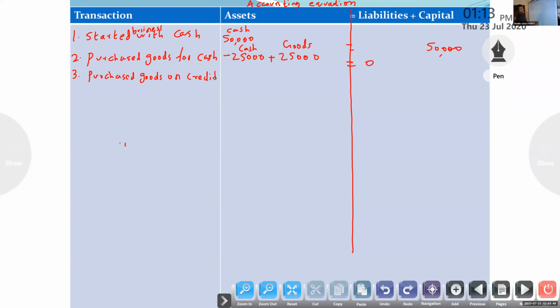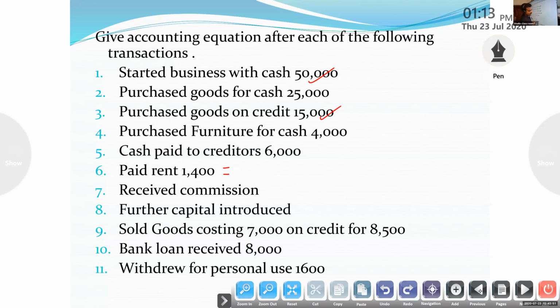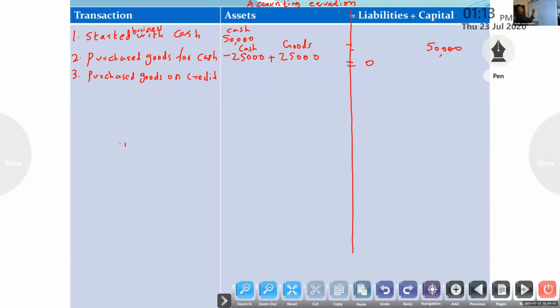Purchased goods on credit, amount 15,000. Goods plus 15,000. Correct. Liabilities, creditor 15,000. Yes. Very good. Okay, goods, creditor.